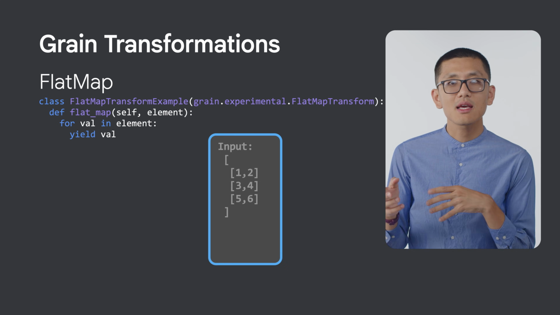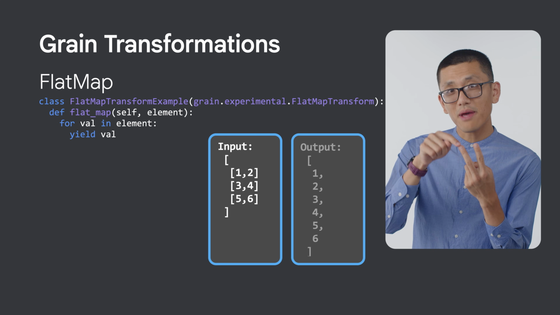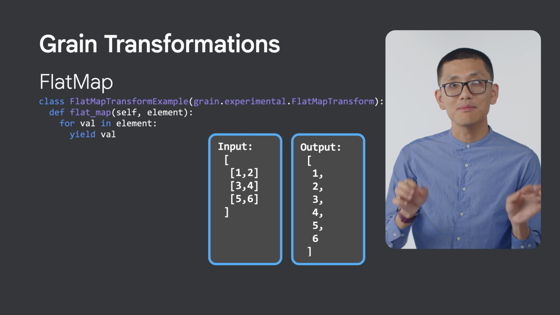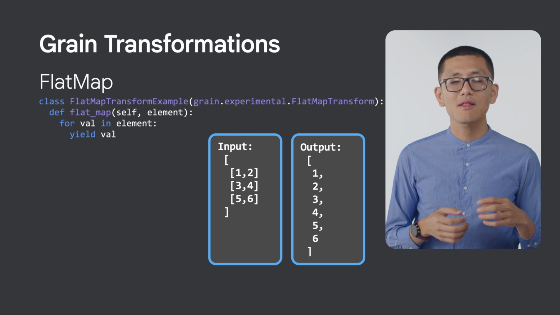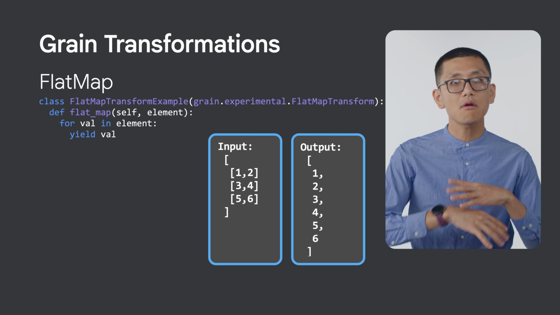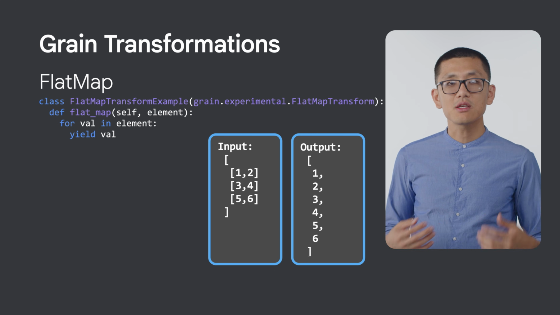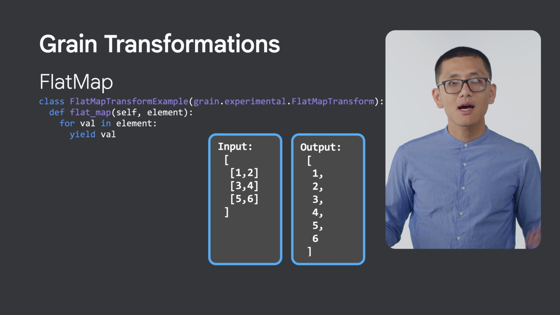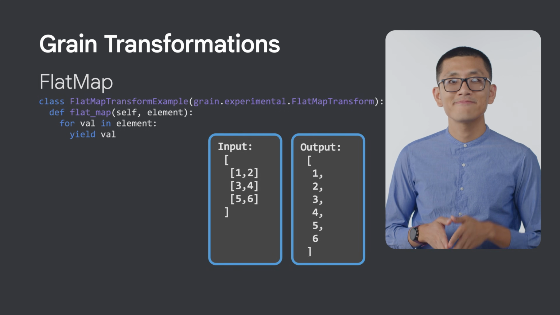For example, say if you had a list of pairs and you wanted to make each pair into 2 distinct elements, or if you had a list of dictionaries and needed to turn that into a list of just all the values in those dictionaries, you could use flat map to yield each element as a top-level data element for your model to consume.